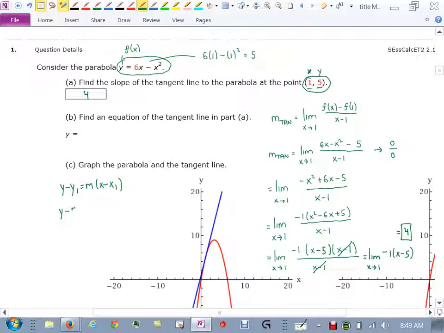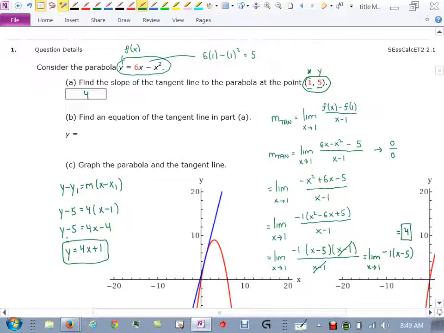So we go y minus 5 equals the slope, which we just found to be 4, times x minus x1, which is 1. Then I can say y minus 5 equals 4x minus 4, distributing the 4. Add 5 to both sides. We get 4x plus 1. So there's the equation of our line.